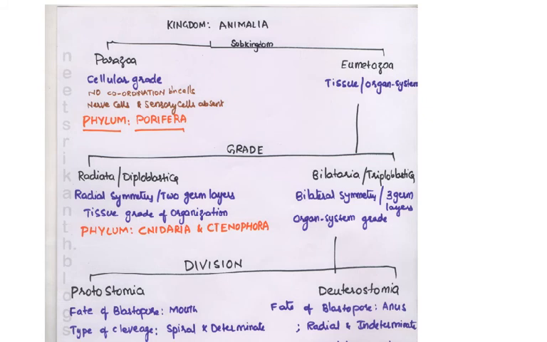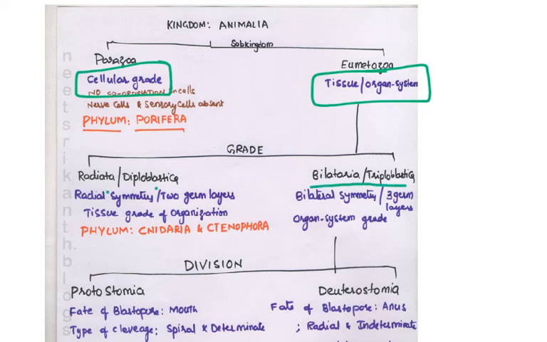Let's remember once again: the kingdom Animalia is classified into two subkingdoms, subkingdom Parazoa and subkingdom Eumetazoa. Subkingdom Parazoa is with cellular grade of organization, and subkingdom Eumetazoa is with both tissue and organ system grade of organization. Subkingdom Eumetazoa is classified into two grades, grade Radiata or Diploblastica, and grade Bilateria or Triploblastica.